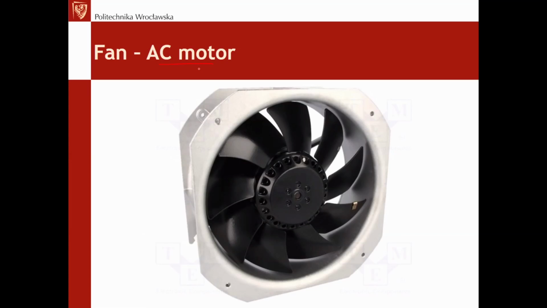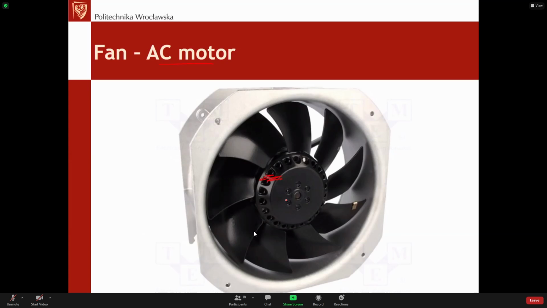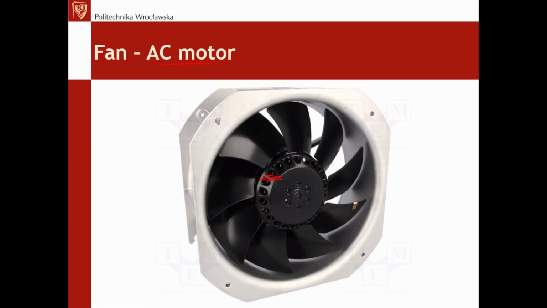flow. The second disadvantage of the AC motor, a smaller one but still important, is that you need a special startup capacitor, which is usually not included inside, because single phase AC motors require those capacitors.